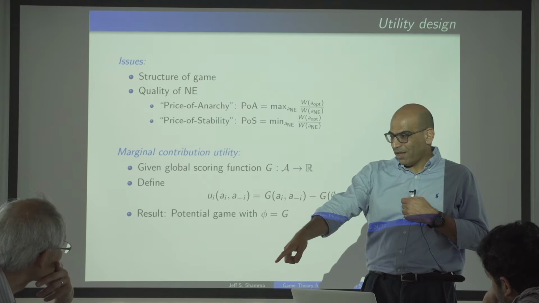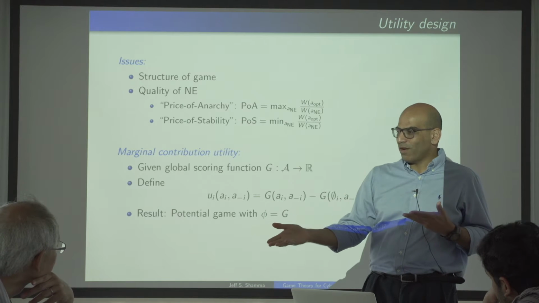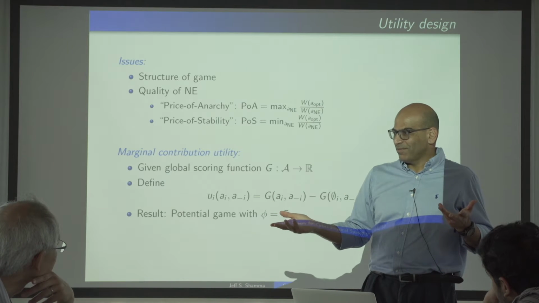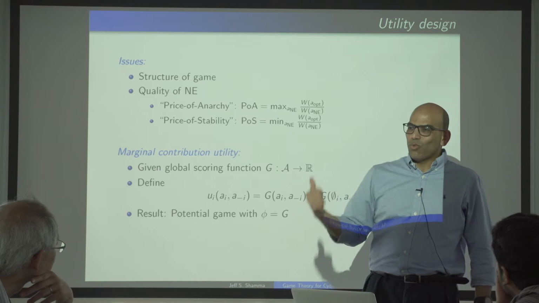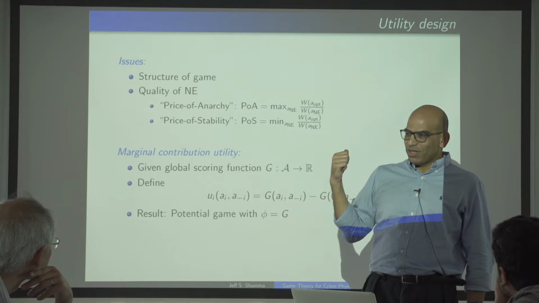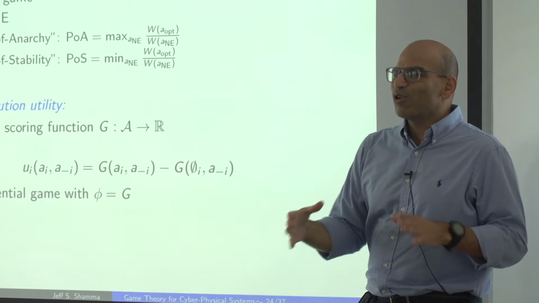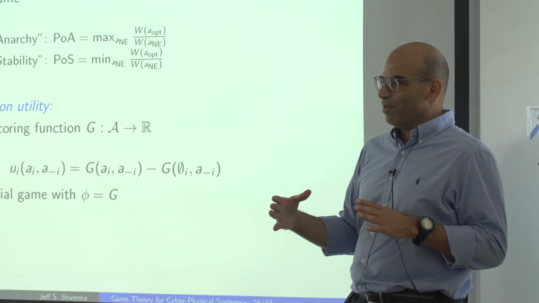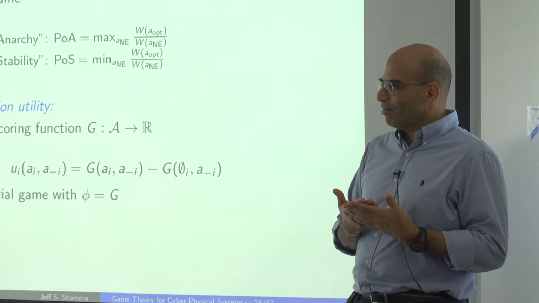Who's covering this node? Both of us. Who gets credit for it? Neither of us, because if I disappeared, it's still covered. So this marginal contribution utility says you only get credit for the coverage that you're doing without any help. If someone else is covering the same node, nobody gets credit for that node.